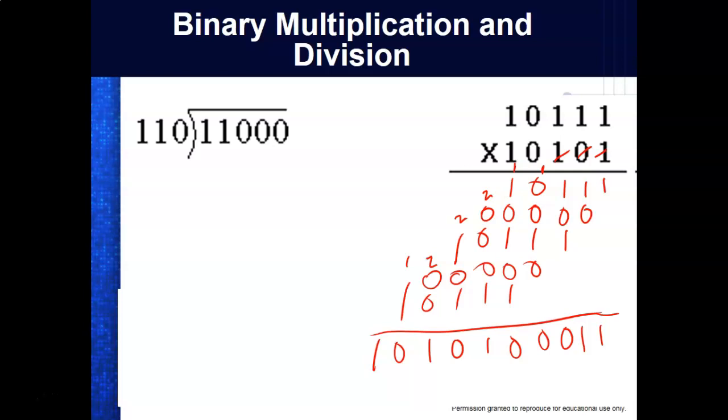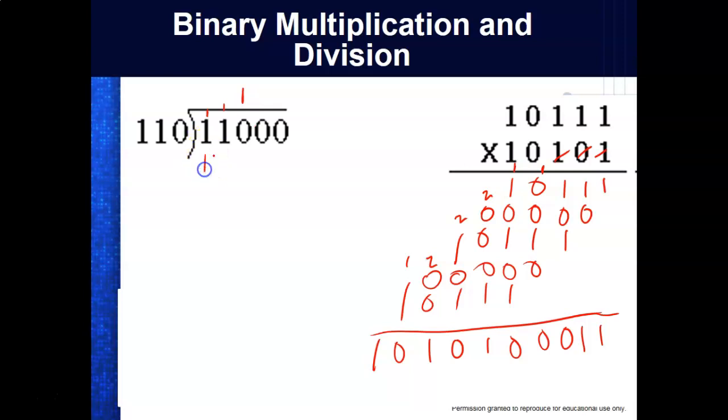Division is a lot easier. So let's divide. So would this go into this? Would 1 1 0 go into 1? So we'd move over. Would 1 1 0 go into 1 1? No. Would 1 1 0 go into 1 1 0? How many times would it go? If you say it goes 2 times, you got a problem, right?